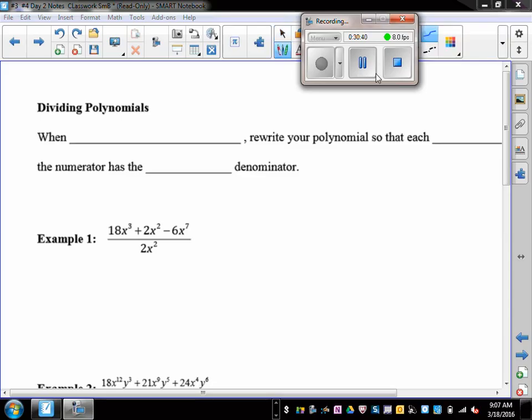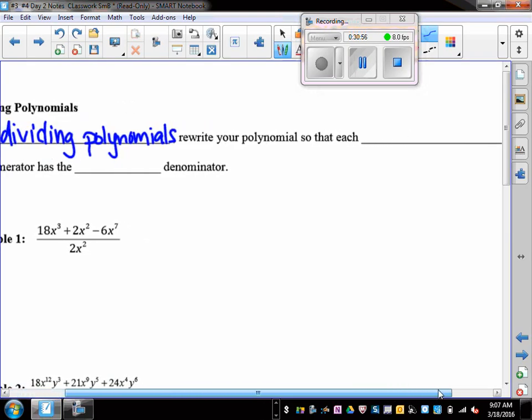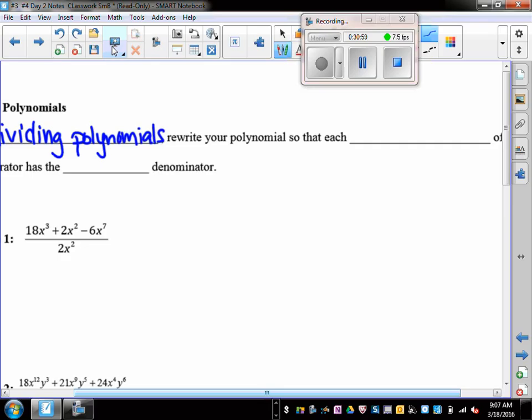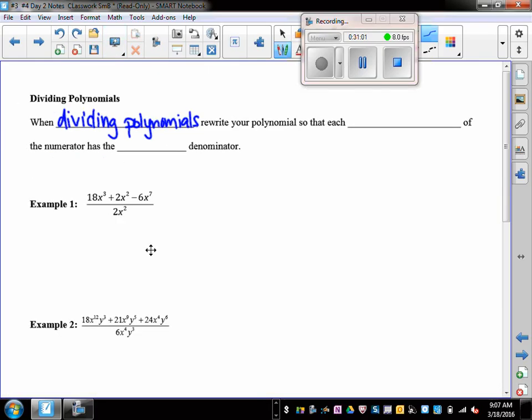When dividing polynomials, rewrite your polynomial so that each term of the numerator has the entire denominator.